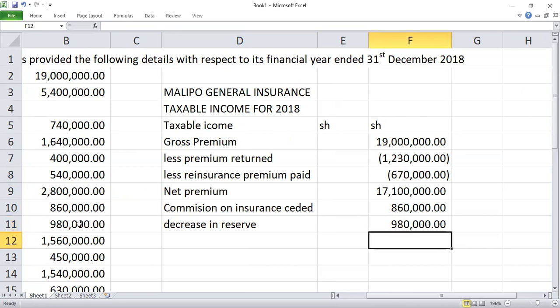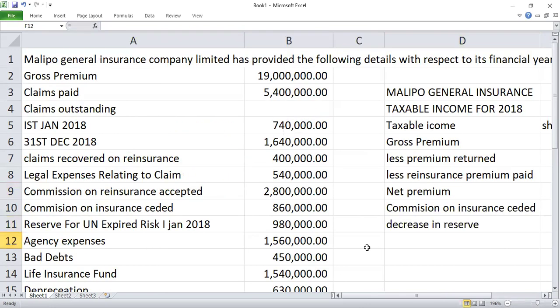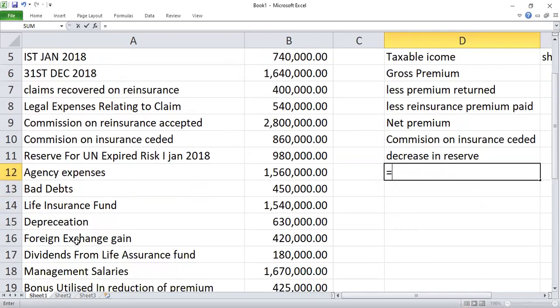So we also have foreign exchange gain. For this one, we can make an assumption. We can only use it if it is realized, so we can assume that it has been realized. So we can take that foreign exchange gain, 420,000.